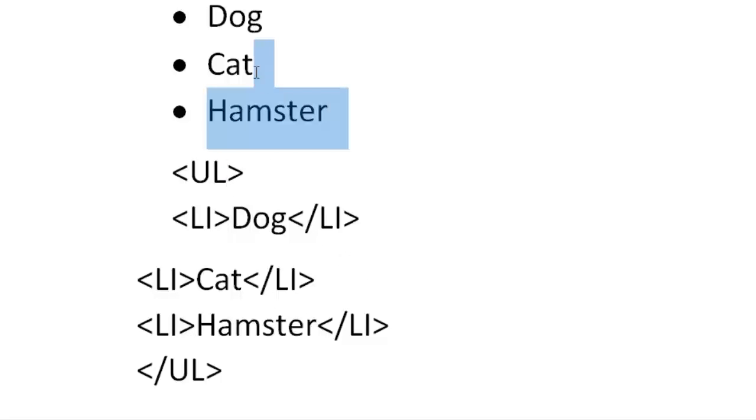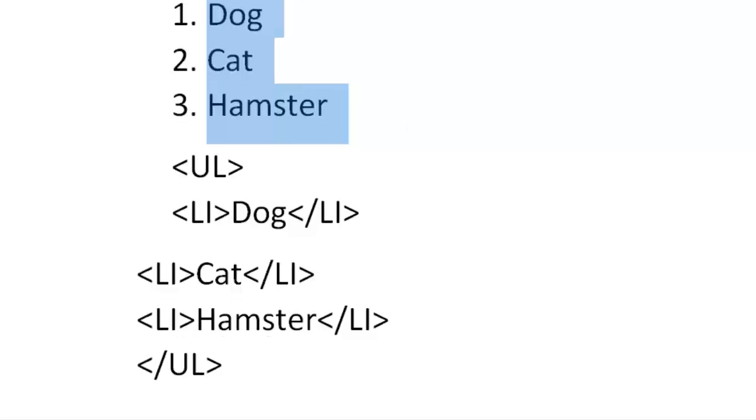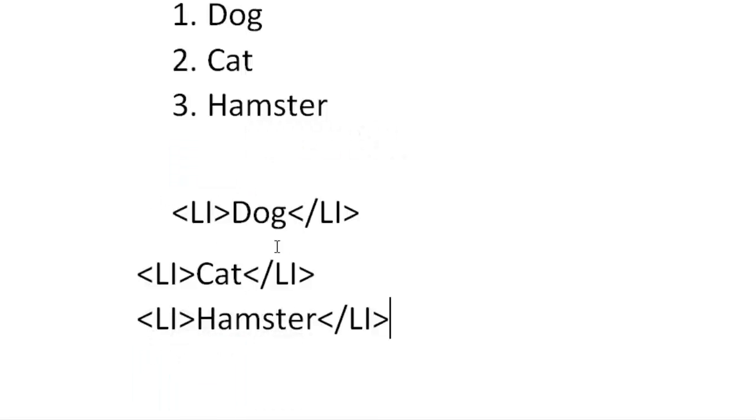All right. So now that you understand that, what I want to talk about now is ordered lists. Now, ordered lists are going to be something like 1, 2, 3, 4, 5, right? So if I switch it to this, the only items that need to change here are the open tag and the close tag. Everything else, the LIs, stay the same.